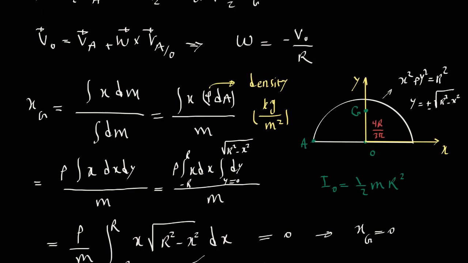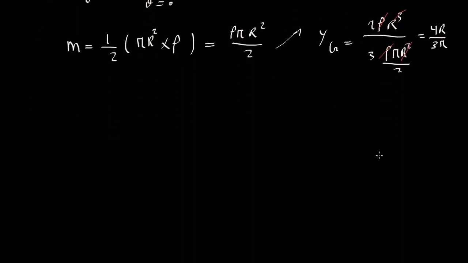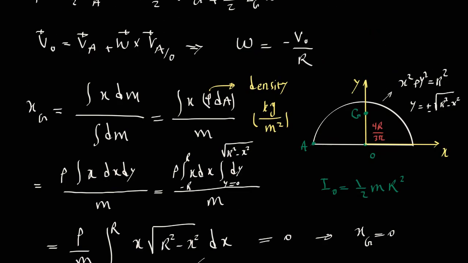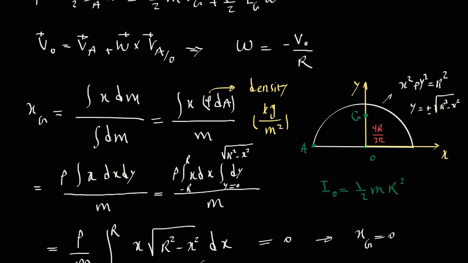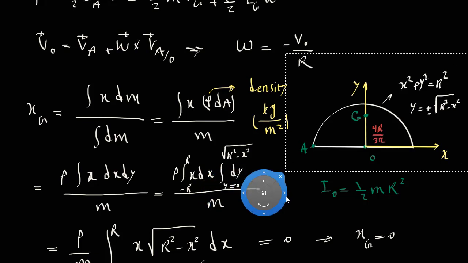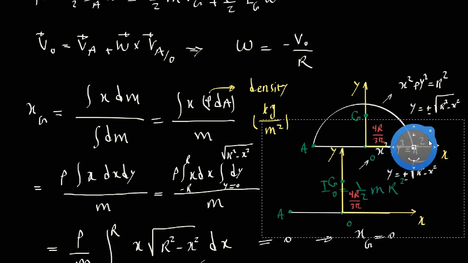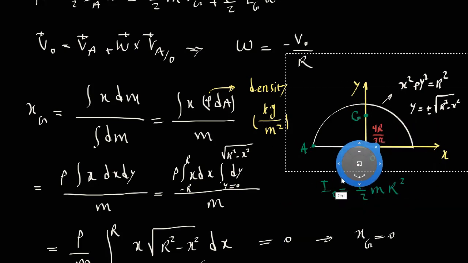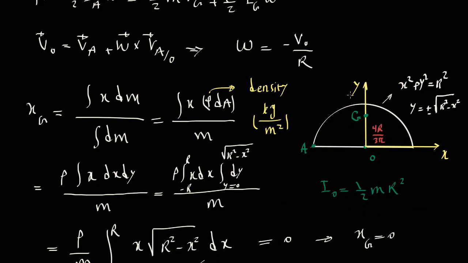So here I can say that IO. So let me actually bring this figure down. So let me copy this. Oops, it doesn't bring the circle. Forget about it, because I have copied this.